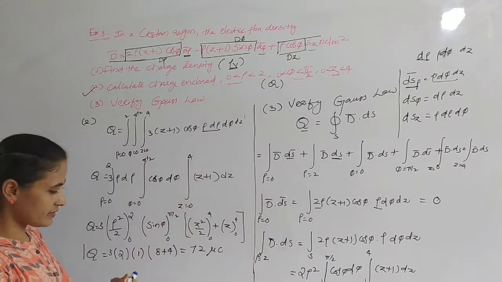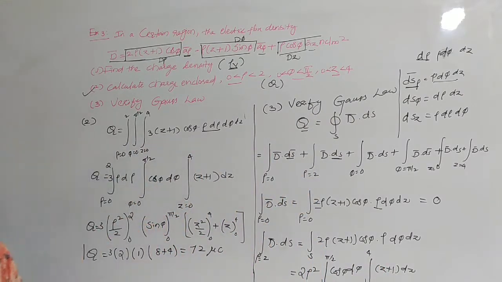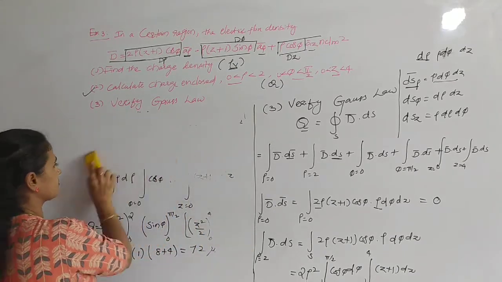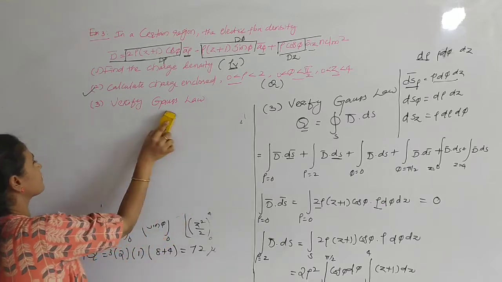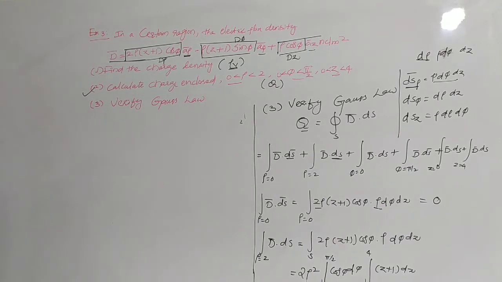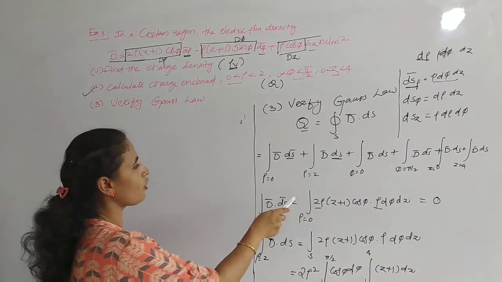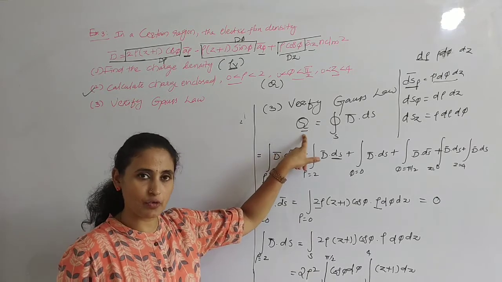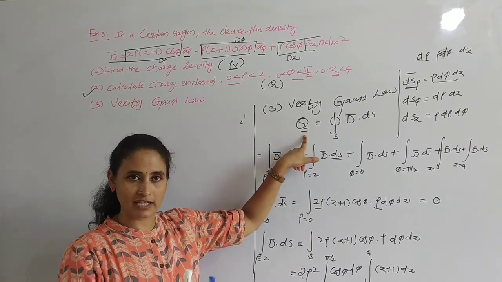So then let us simplify. We are finding all the individual terms. Later we will add them to get the Q value, and we will check whether we get the same 72 microcoulombs that we got in the previous case.